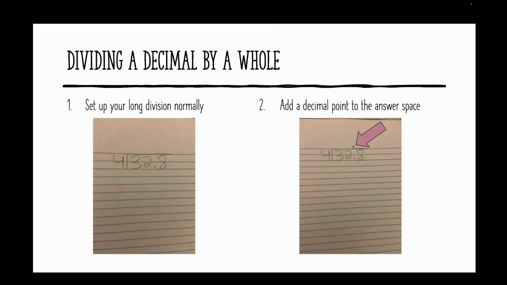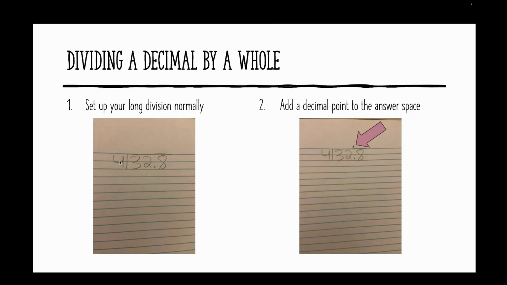Go ahead and set up your long division how you normally would, with the dividend, which here is 32.8, the number you are dividing, in the box, and the divisor, the number outside the box, the number you are dividing by, which is 4.